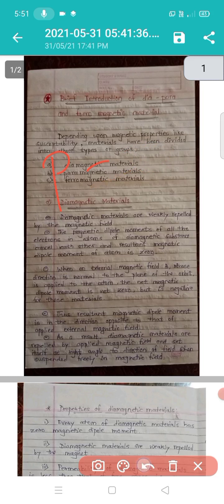This is regarding the diamagnetic materials. Diamagnetic materials are weakly repelled by the magnetic field. The magnetic dipole moments of all the electrons in an atom of diamagnetic substance cancel each other and hence the dipole moment becomes 0. When an external magnetic field B, whose direction is normal to the plane of the orbit, is applied to such atoms, the net magnetic dipole moment is not 0, but it is negative for these materials.